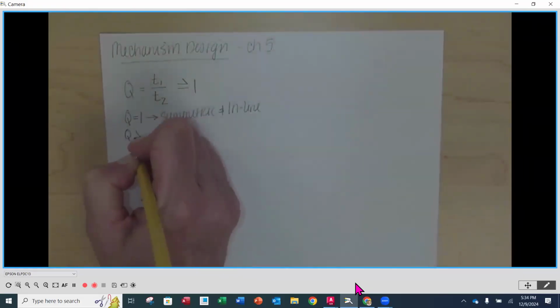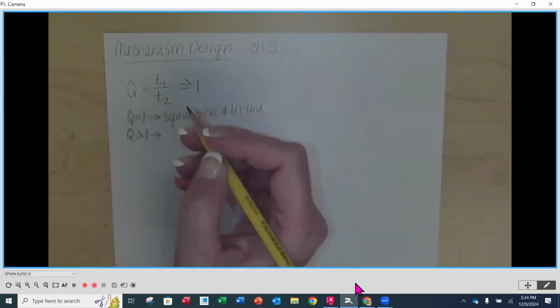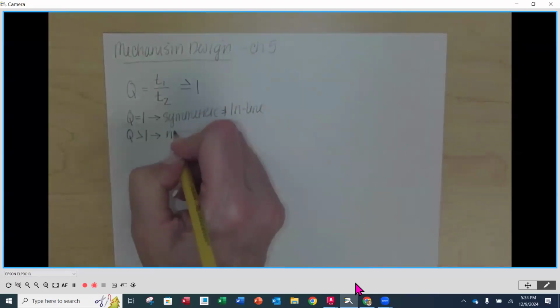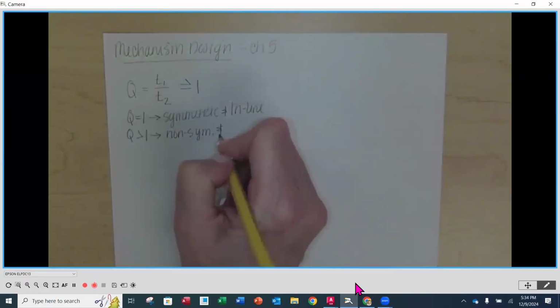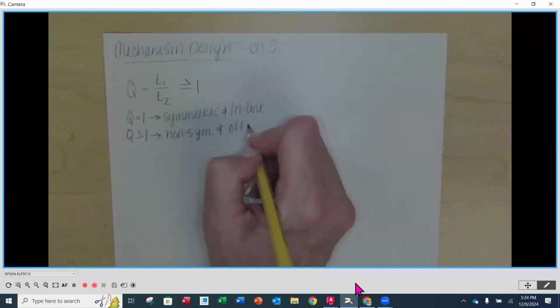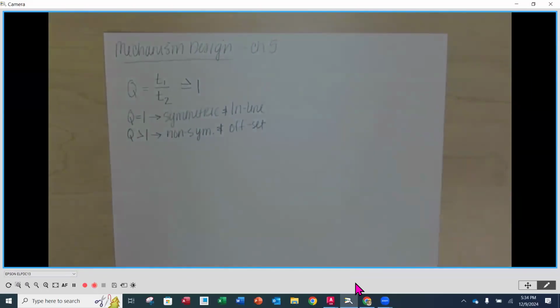When Q is greater than 1, this is going to be non-symmetrical. And it's going to be an offset slider crank mechanism. Okay, that means that the crank center line is going to be offset from the path of the slider. Okay.